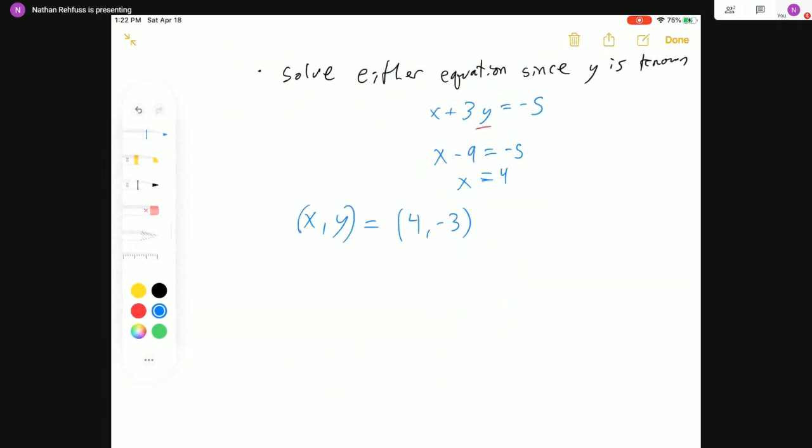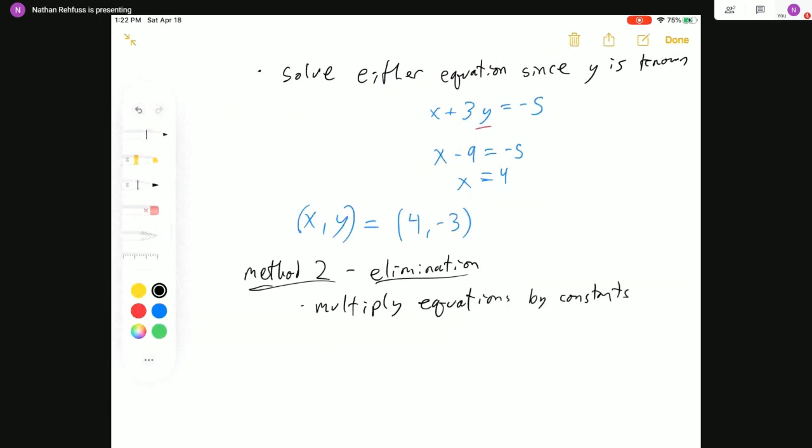First though, let me show you the second method. Method 2 is called elimination. Now in method 2, step 1, we're going to multiply the equations by constants on both sides, of course, to keep the balance.